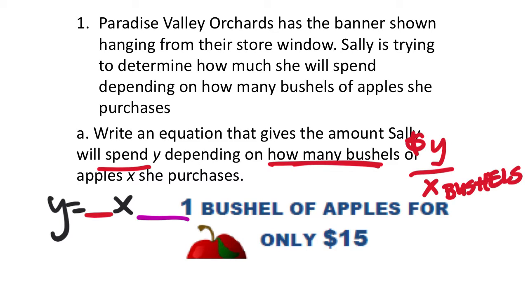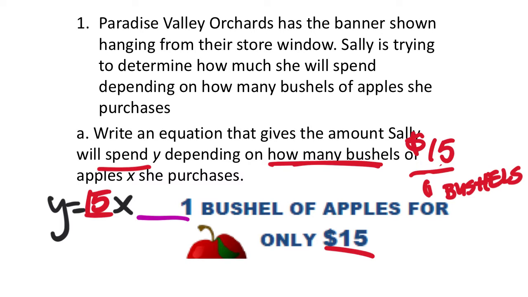And what values did it give us? Well, it said it was down here. It's $15 for 1 bushel. So this is what it would look like as a fraction, all right? $15 per bushel. But we could simplify that directly into the equation and just make it 15 right here. So right now it shows y equals 15x.